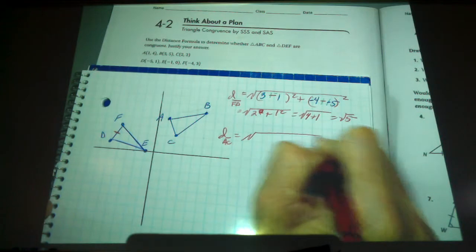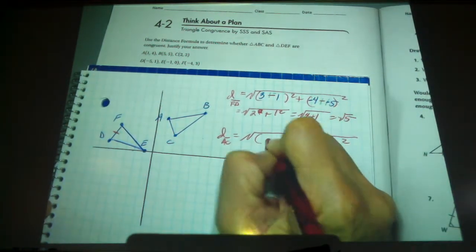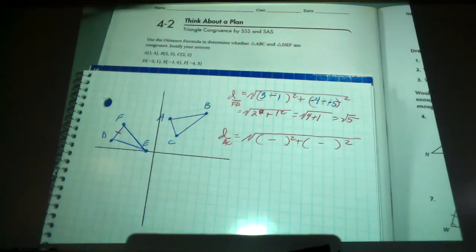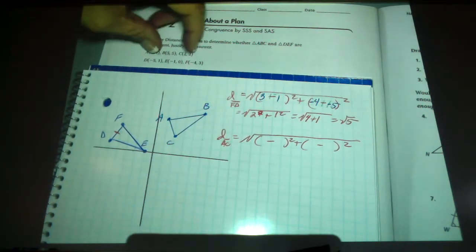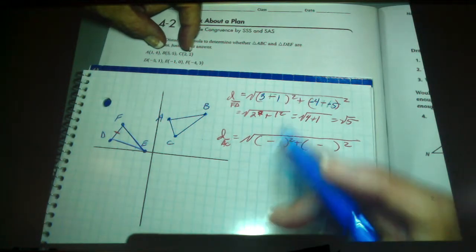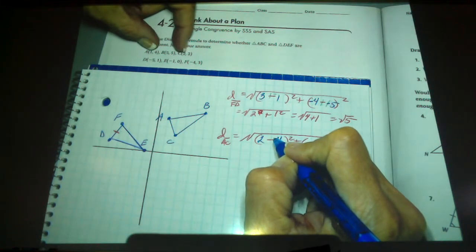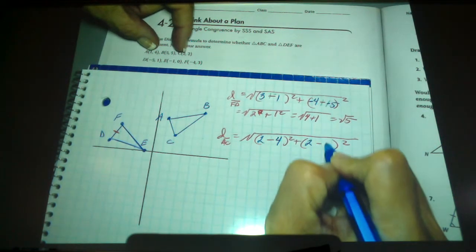Doing exactly the same thing. AC are these 2 points here. So my y's are 2 and 4, and my x's are 2 and 1.